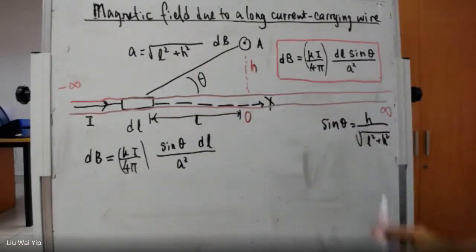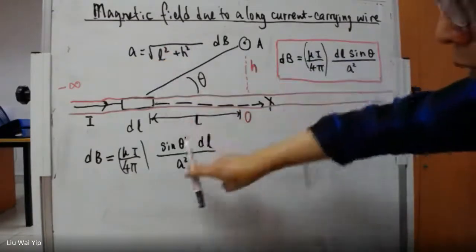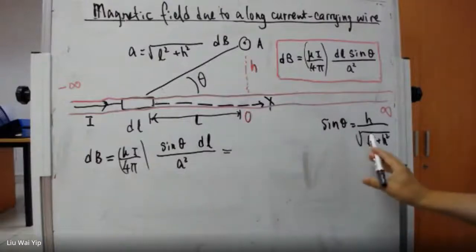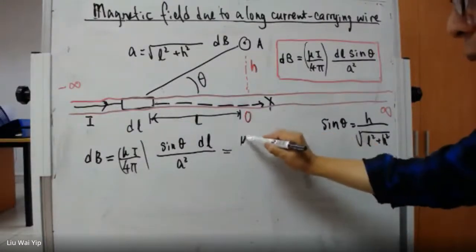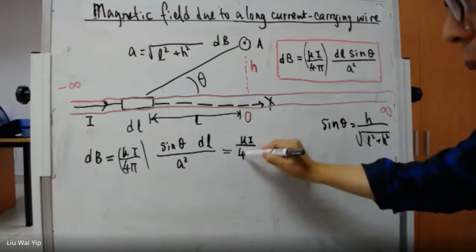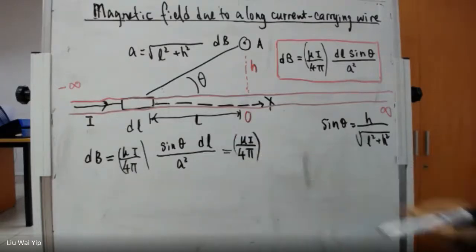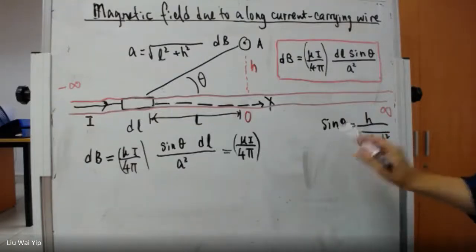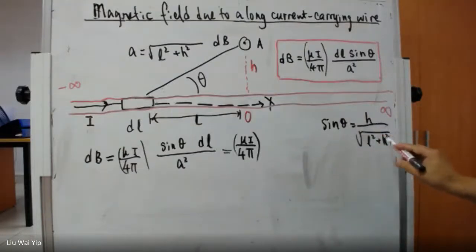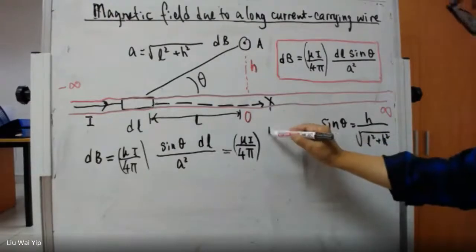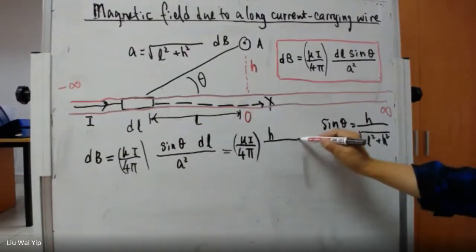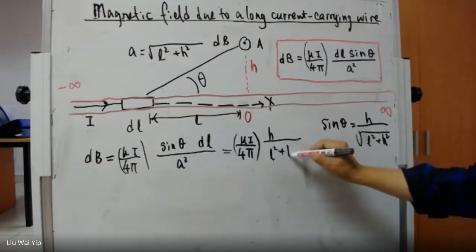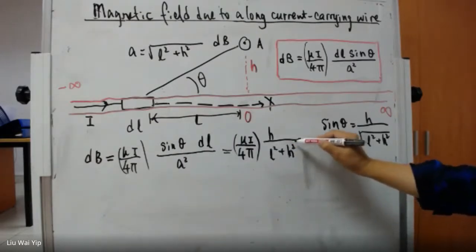So now we are going to substitute these two values into the original formula. We are going to get mu I over 4 pi, times sine theta, which is equal to h over the square root of L squared plus h squared.